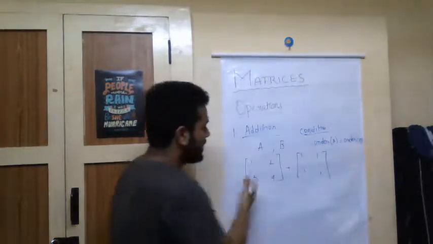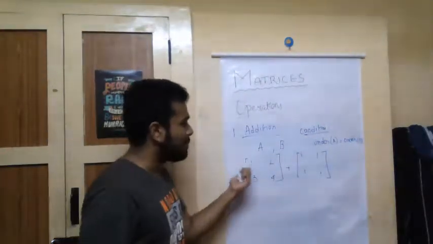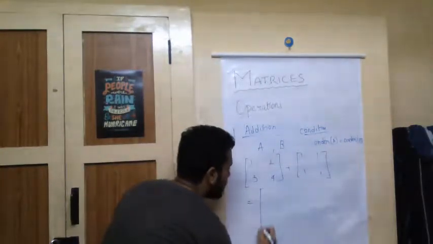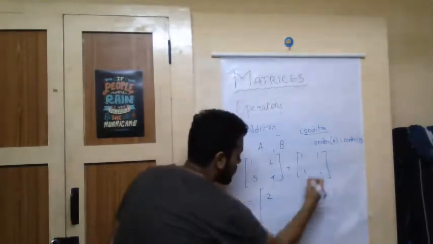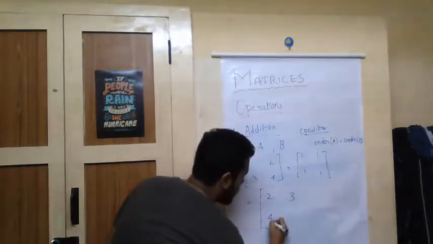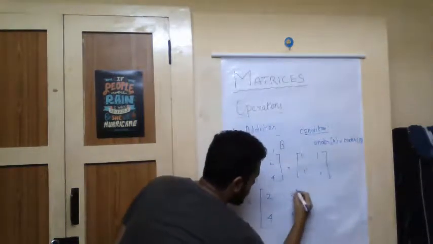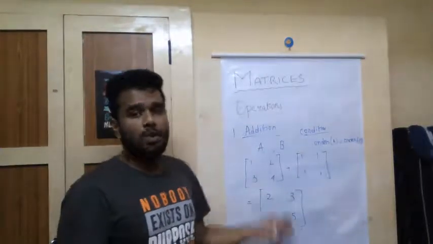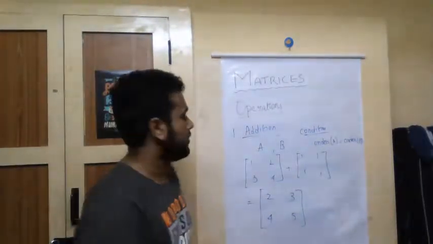To add this, I simply add the corresponding elements. The result would be 1 plus 1, that's 2, 2 plus 1, that's 3, 3 plus 1, that's 4, 4 plus 1, that's 5. Since they're of the same order, it's straightforward to add. If they're of different order, we just cannot add.